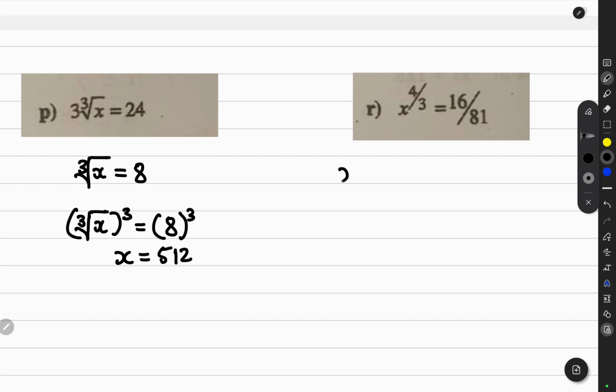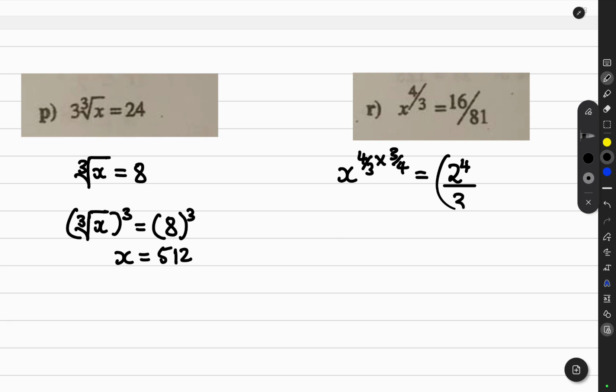We're going to say x to the power 4 over 3 multiplied by 3 over 4. Even the 16 is the same as 2 to the power 4, and 81 is 3 to the power 4. This is whereby we're going to solve without the use of a calculator, right?